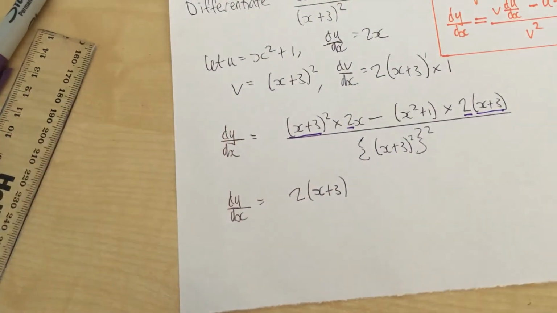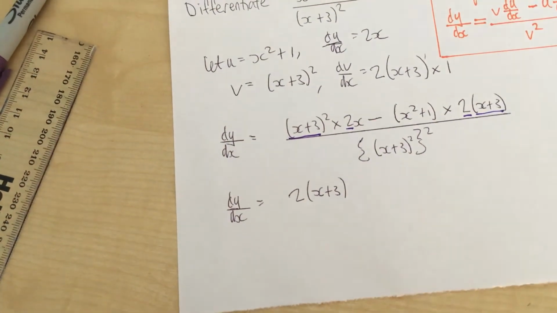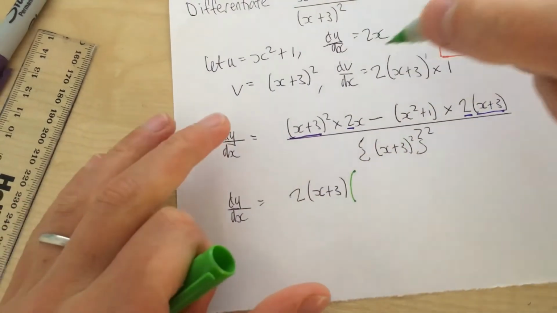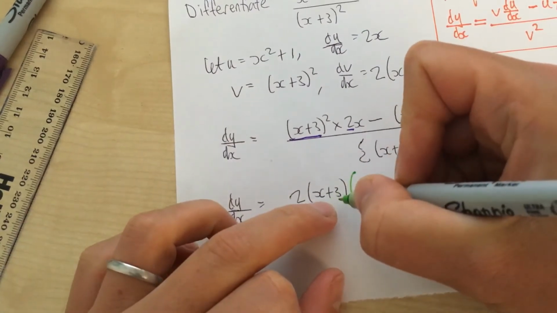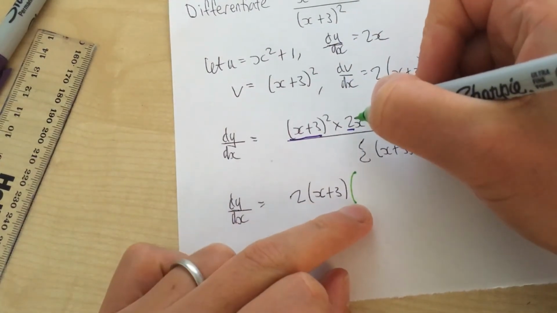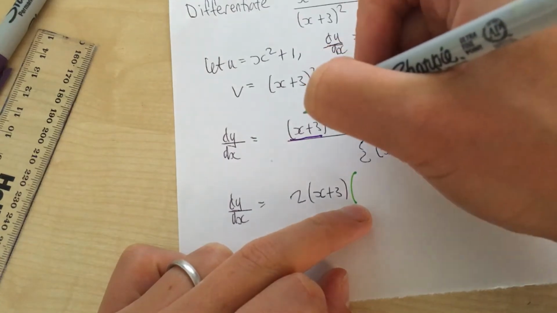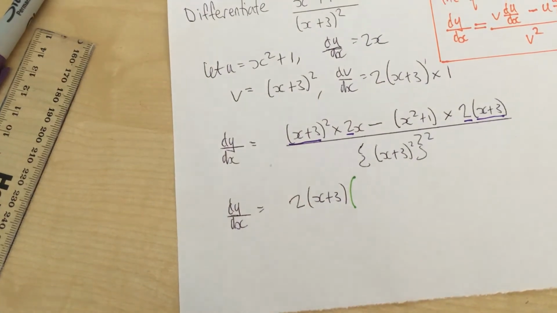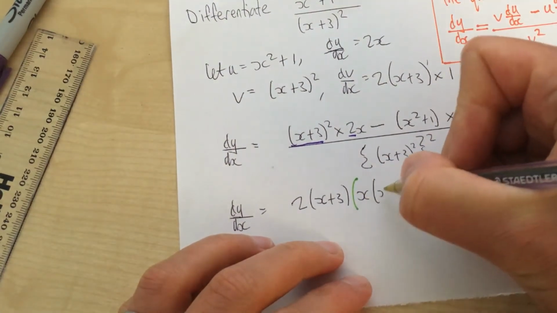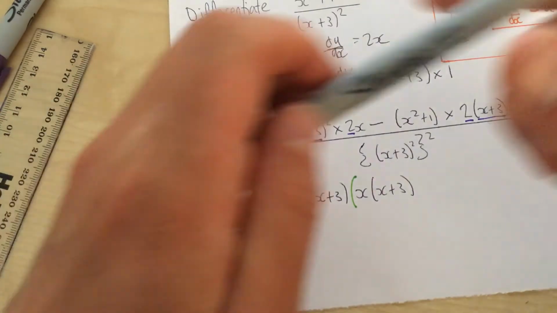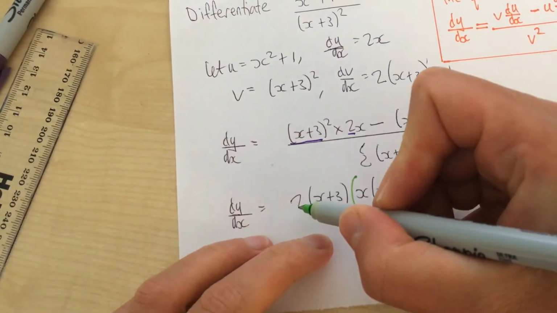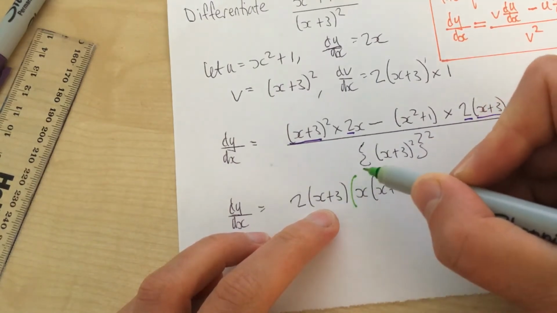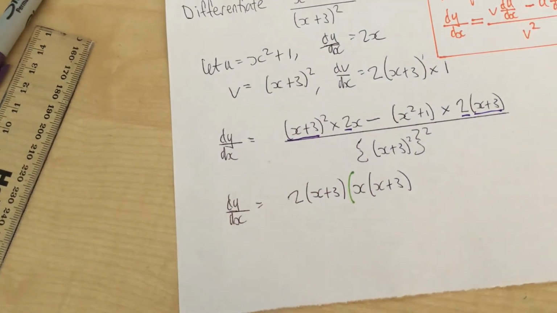I'll use a different colour here to hopefully illustrate what's going on. So 2 brackets x plus 3 multiplied by x, and x plus 3 will get me all of this term here. Let's check that. 2 multiplied by x gets me the 2x, and x plus 3 multiplied by the x plus 3 gets me the x plus 3 all squared.